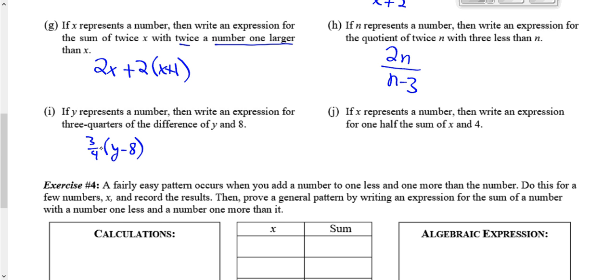Right? All right, last one. 2 ways to do this one. Wait, can I. What are you asking me for? All right, good talk. You got it? I have it. One half times the quantity x plus 4.